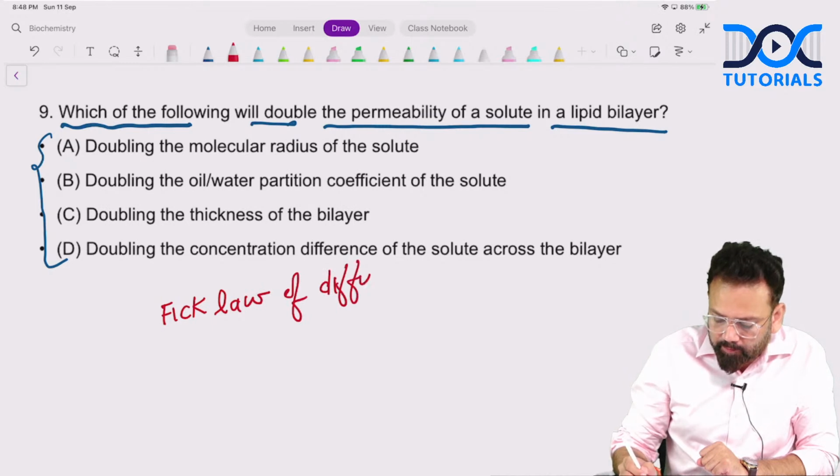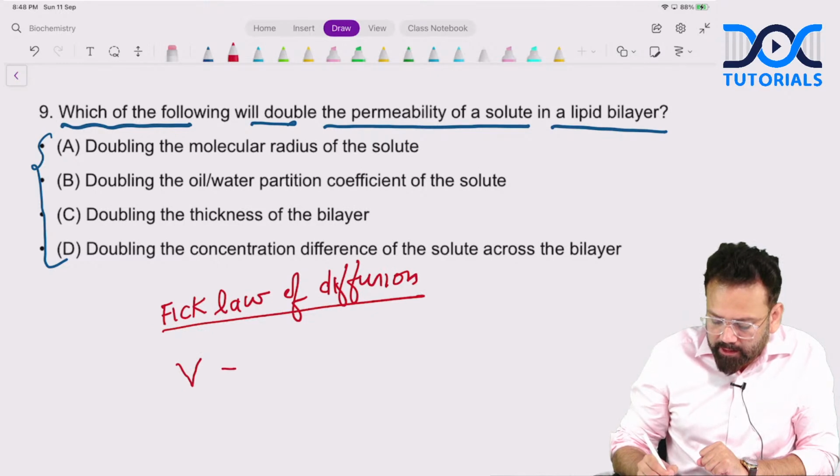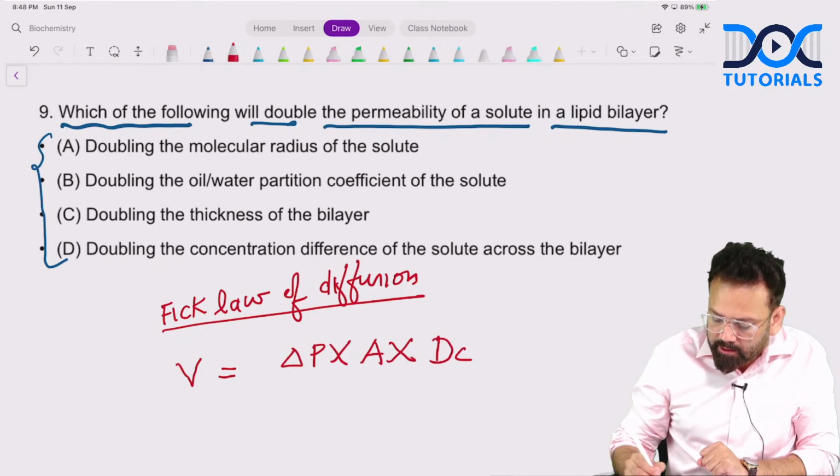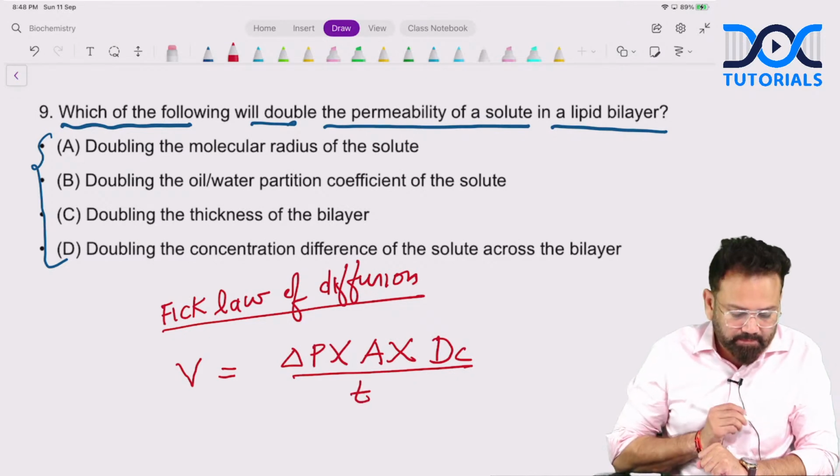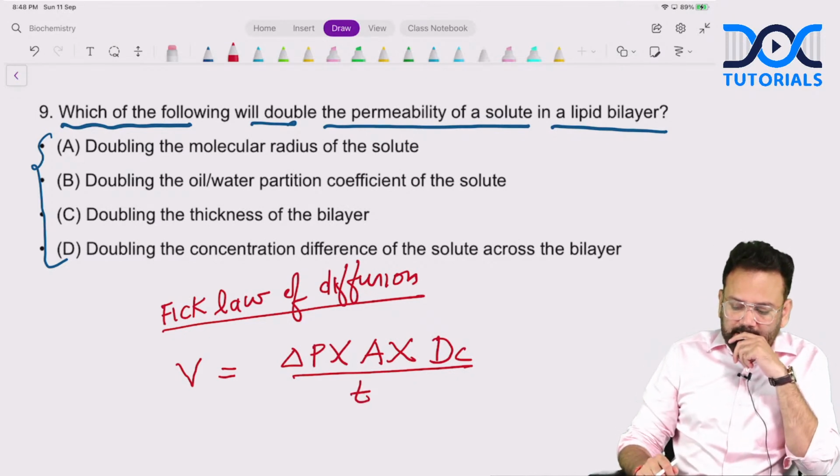This question is based on Fick's law of diffusion, and it says the rate of diffusion is equal to the change in pressure times surface area times diffusion coefficient upon thickness. Now tell me the answer.